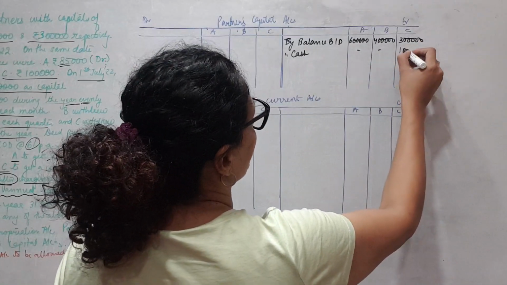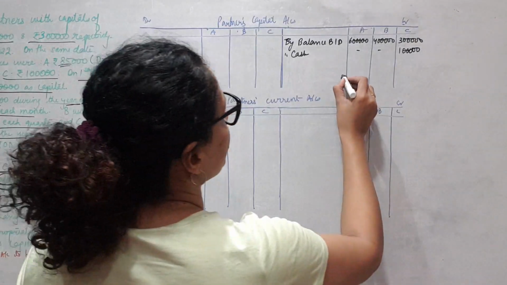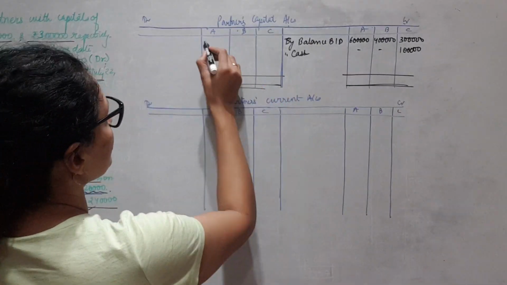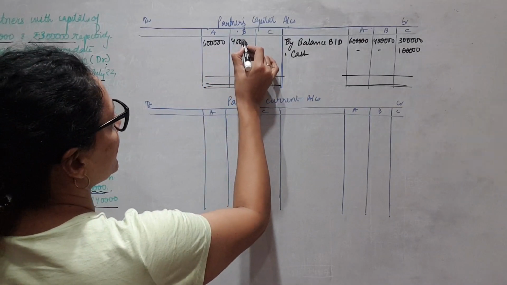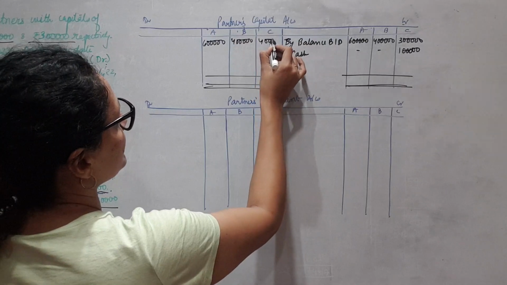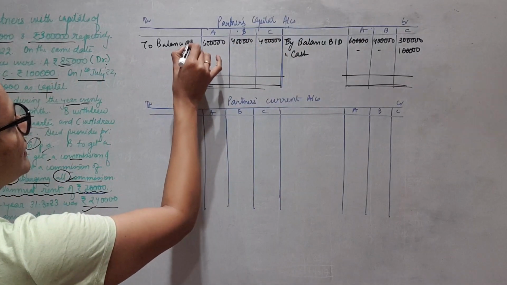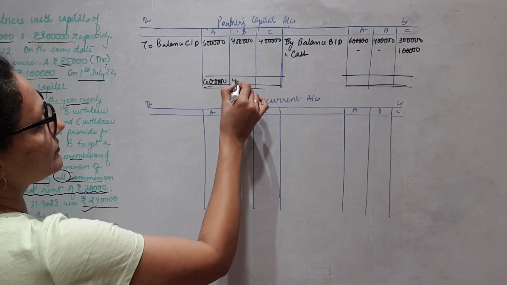Please write in C's column this 1 lakh additional capital that he has brought in. And now that's it. Nothing else. Just write the totals here and the balance carried down. No, nothing changes for A and B. C's capital account balance, closing balance, becomes 4 lakhs. Okay. So this is it.